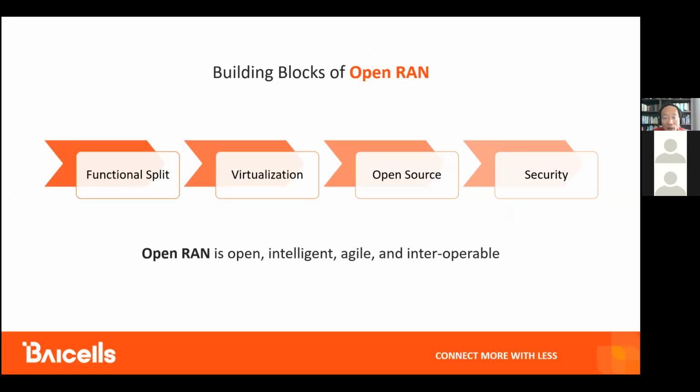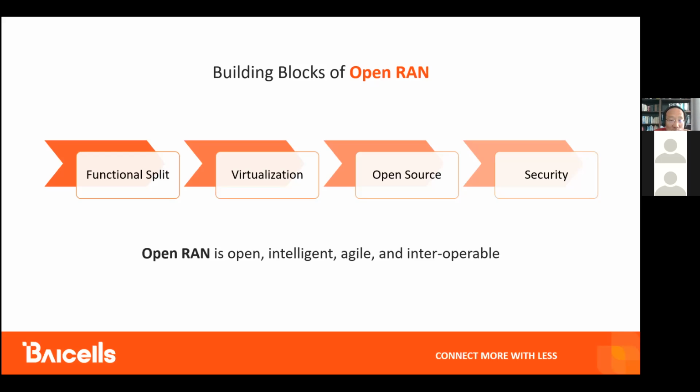Now, what are the tools to build Open RAN? There are tools to help you to do functional split, as I have introduced in the previous slides. And this functional split gives the RAN the flexibilities to locate different resources at different locations and to meet different business criteria.